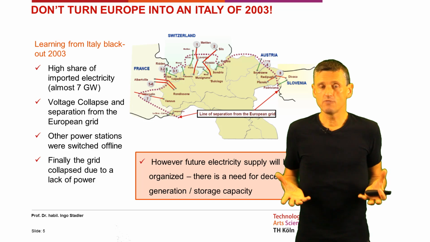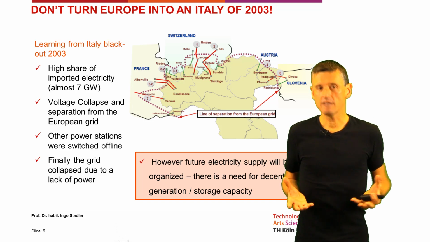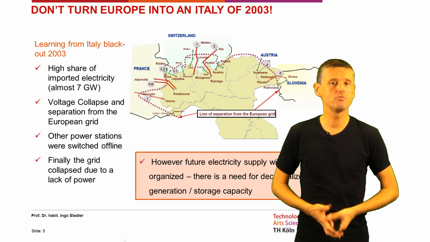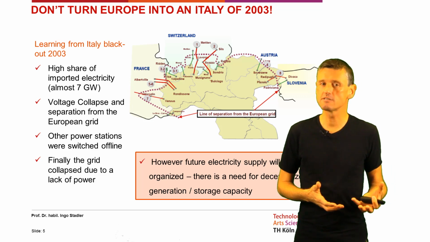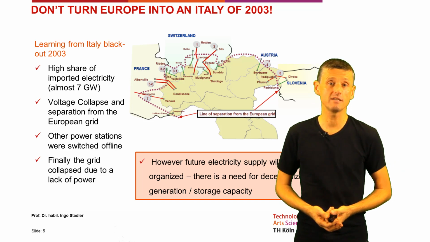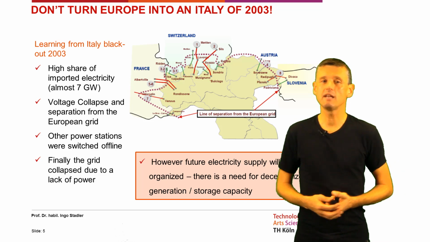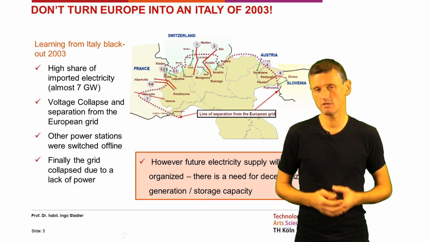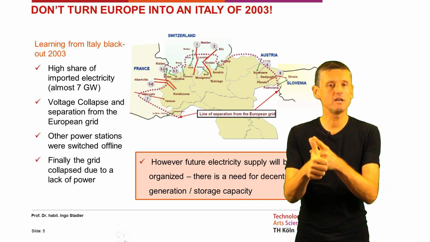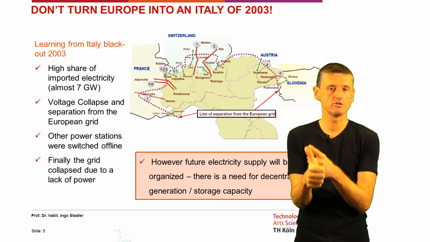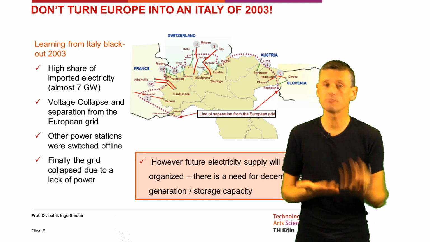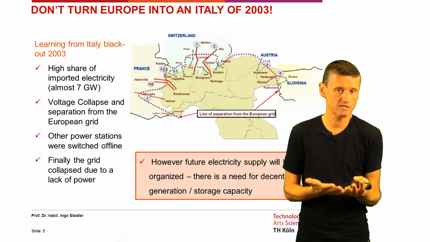What happened in 2003 in Italy? We had a situation where Italy had a very big power import, mainly from France, but via Switzerland and directly from France. And all the lines you can see on that map had been quite highly loaded, and there was a drop out of one line, a connection from Switzerland to Italy. So the line dropped out, as it is planned in such cases.